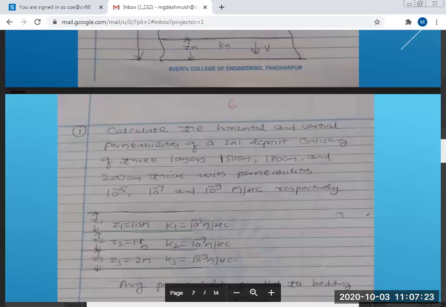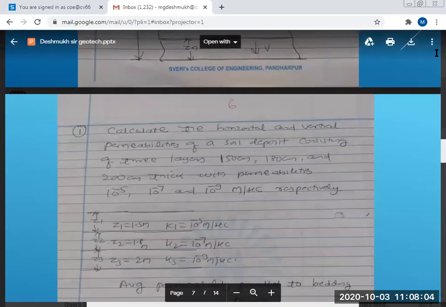Calculate the horizontal and vertical permeabilities of a soil deposit consisting of three layers, 150 centimeter, 180 centimeter and 200 centimeter thick, with permeabilities 10 to the power minus 5, 10 to the power minus 7 and 10 to the power minus 9 meter per second respectively.